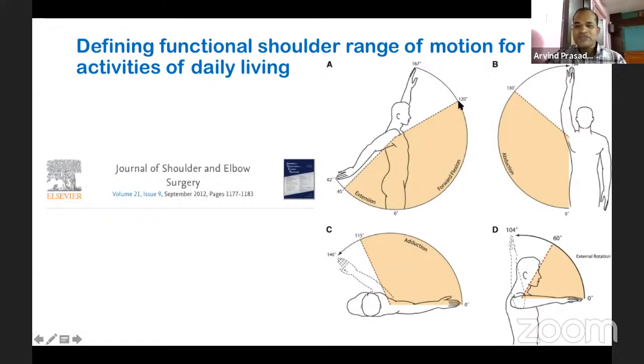Flexion only needed 120 degrees, extension 45 degrees. Similarly, abduction is around 40 to 50 degrees less. Adduction only needed 25 degrees. Similarly, only 50% of the external and internal rotation was needed for daily living activity. This is also very important, particularly while treating the patient for shoulder joint pathology.